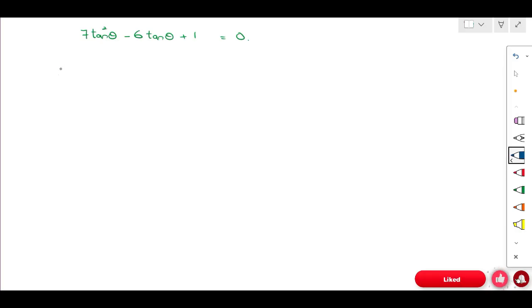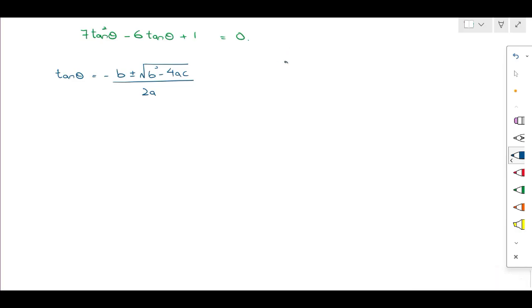Let me apply the quadratic formula, right? The quadratic formula on tangent theta: x equals minus b plus or minus square root of b square minus 4ac divided by 2a, where x is basically tangent theta. So a is the coefficient of tangent square, b is the coefficient of tangent, and c is the constant term which is 1. So substitute everything into the formula.